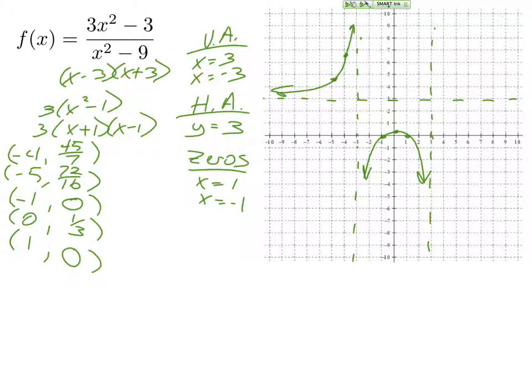All right, then we need the right side. So let's pick 4 and 5. Okay, what's going to happen when I plug 4 and 5 in there? We get the same number as negative 4 and negative 5 gave me, right? Because both of these x's were squared, so it's going to give me the same numbers.